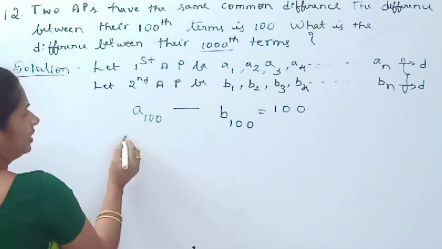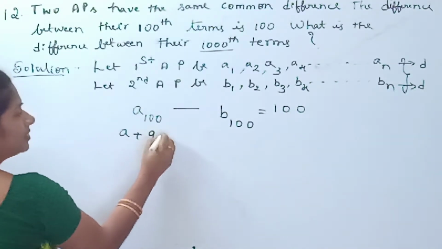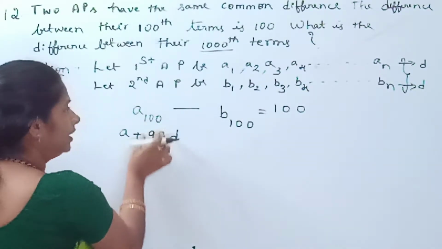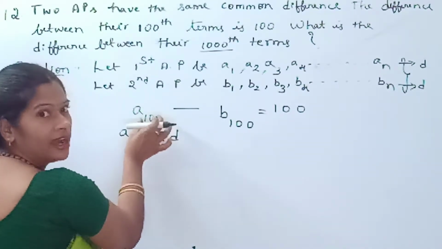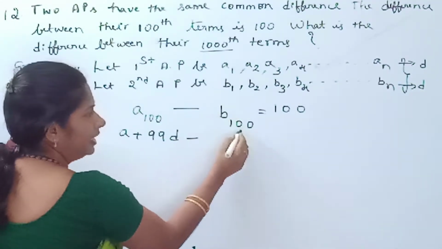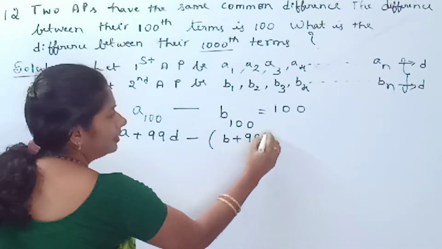Now, let us simplify, children. A100, we can write it as A plus 99D. A plus n minus 1 into D. N value is 100. 100 minus 1 is 99D. Similarly, B100, we can write it as B plus 99D.